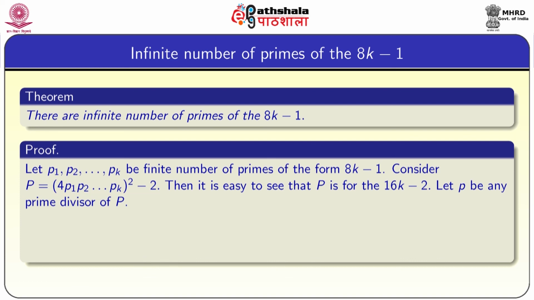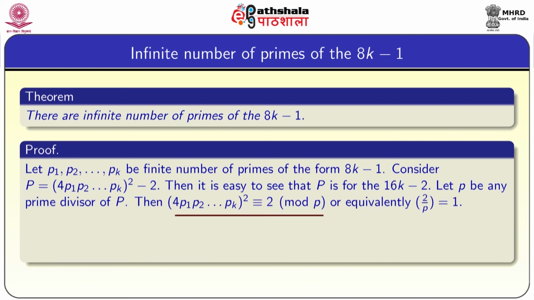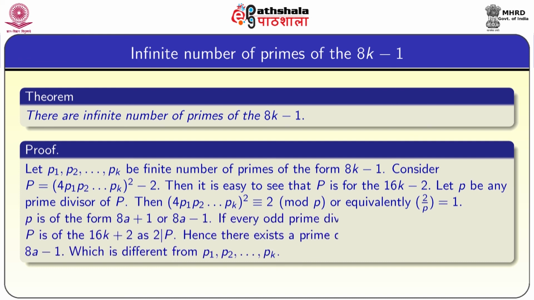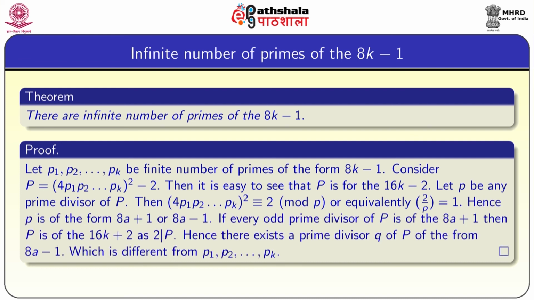Then it is easy to see that P is of the form 16k minus 2. Let p be any prime divisor of capital P, then 4 into (p1 p2 and so on pk) whole square is congruent to 2 mod p, or equivalently 2 is a quadratic residue modulo p, or the Legendre symbol (2/p) is 1. Hence, p is of the form 8a plus 1 or 8a minus 1.